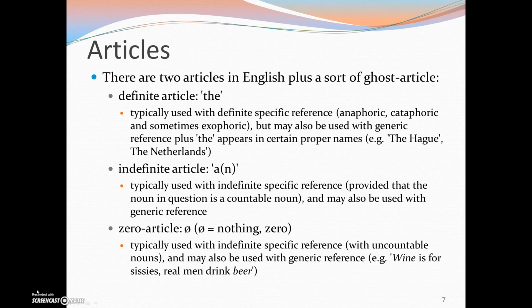Okay, so it's basically when there is no article or there is this empty category there. So this is typically used with indefinite specific reference, often with uncountable nouns, but it can also be used with generic reference. For instance, in the sentence, wine is for sissies, real men drink beer.